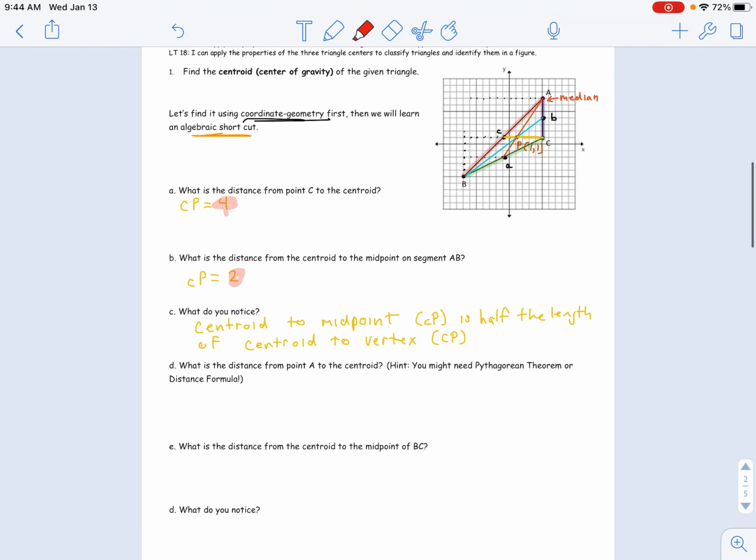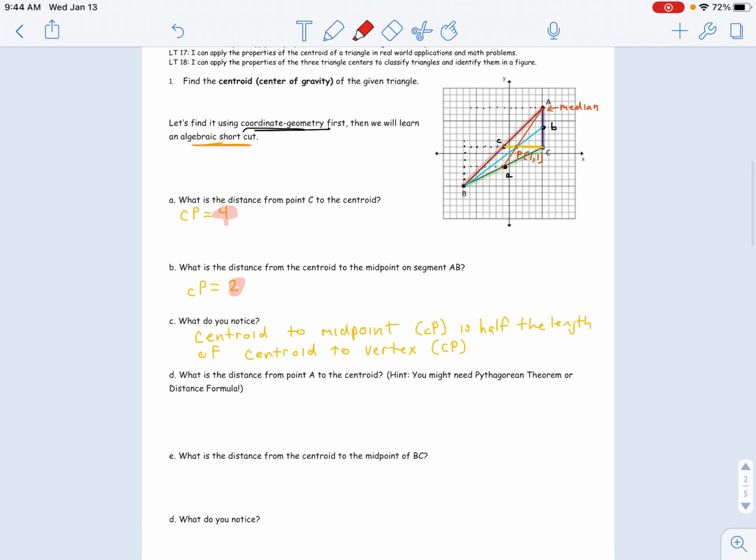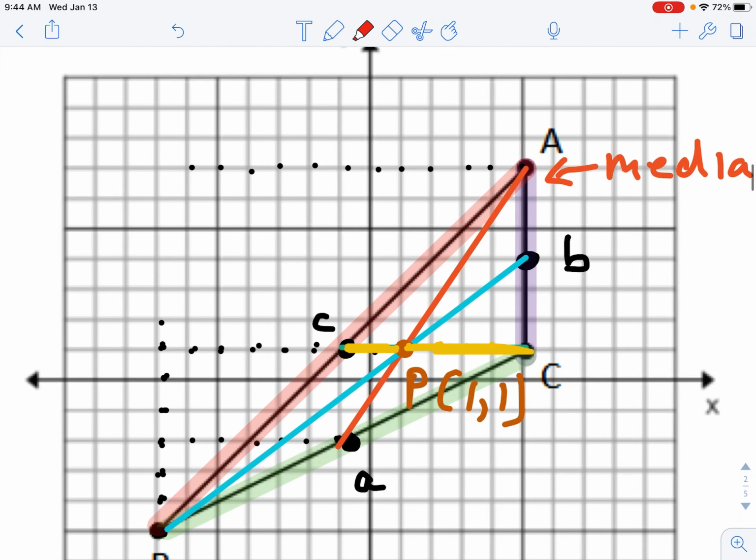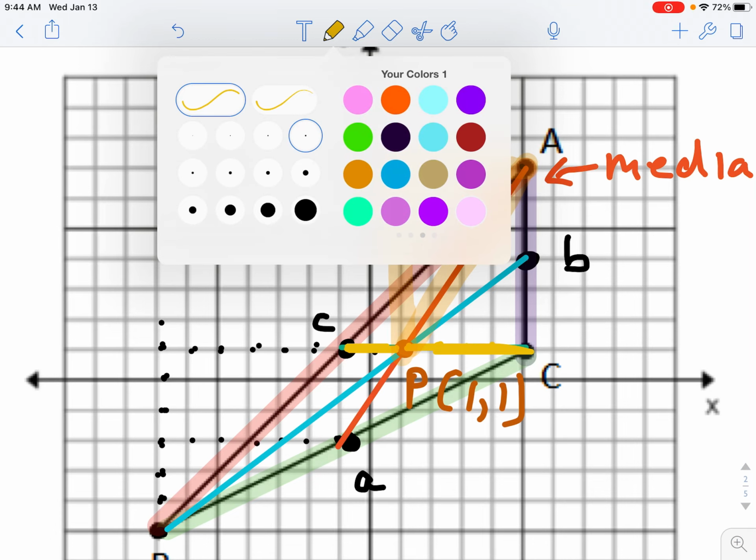All right. So now we're going to do a similar thing. We're not going to do this for all sides because time is of the essence. But what is the distance from A to the centroid? So we're finding this length right here now. Well, let's use Pythagorean theorem shortcut and set up a right triangle. And what do we got going on here?